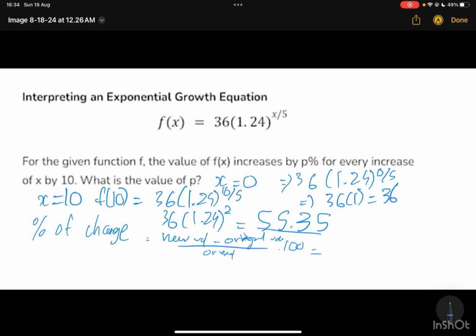The new value is 55.35, minus the original value, which is 36, over the original value, which is 36, multiplied by 100.